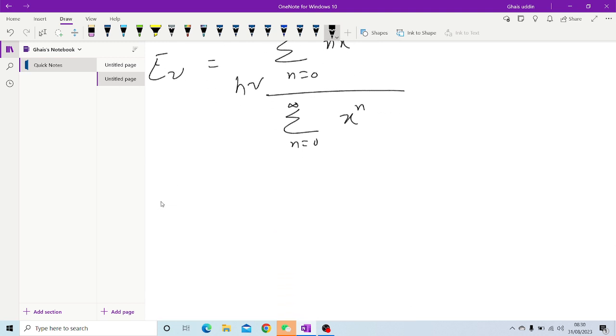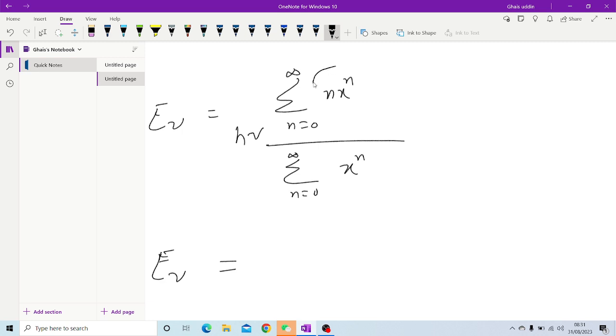Now we are going to expand this series. For n equals 0, the answer is 0, since 0 multiplied by x to the power anything is 0. For n equals 1, this becomes x.